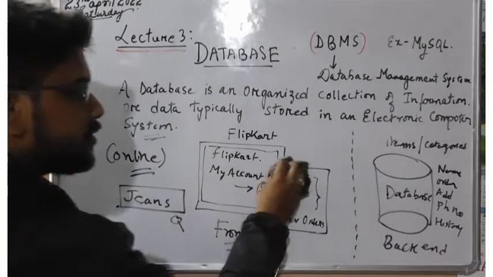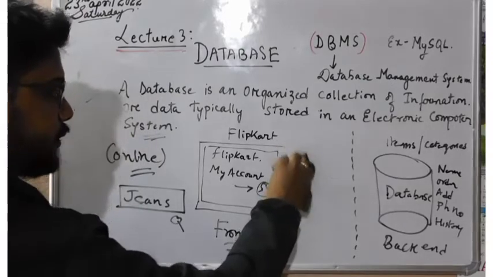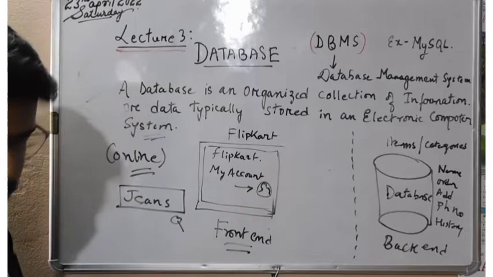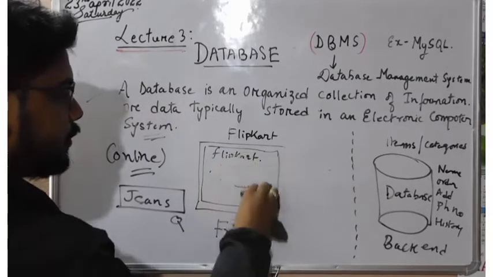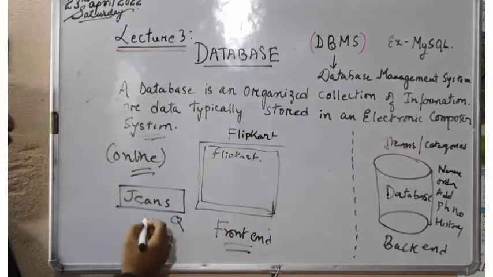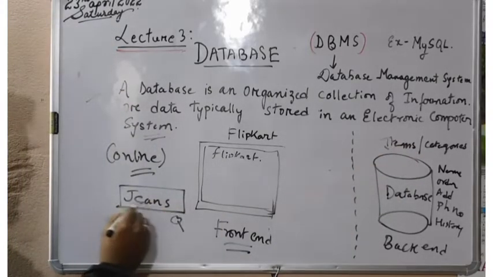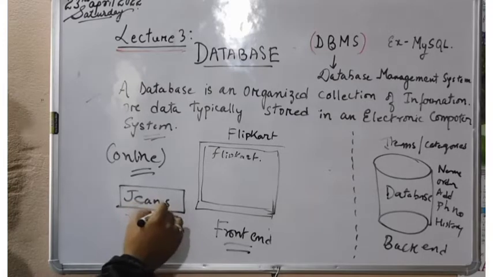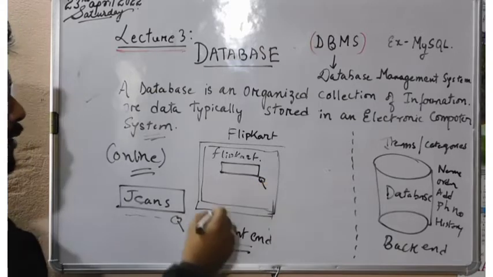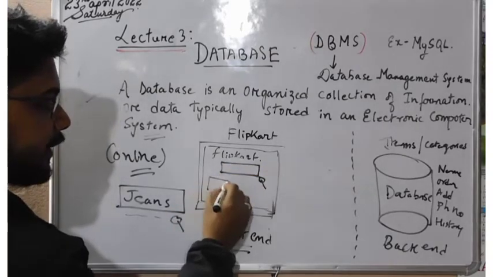Let me make it more simple. Suppose we are looking for jeans. We type the word jeans in the search bar available in the Flipkart app. We search, and immediately all the categories get shown.